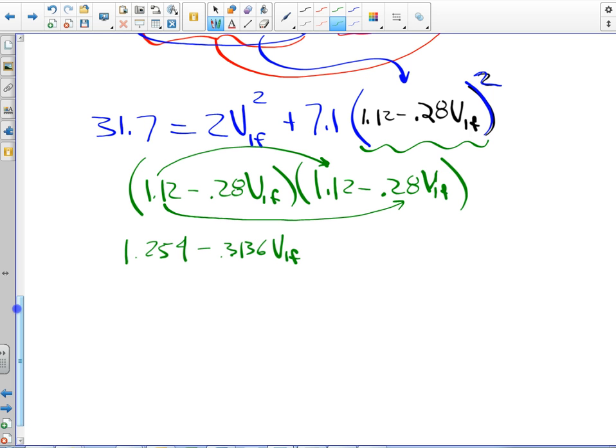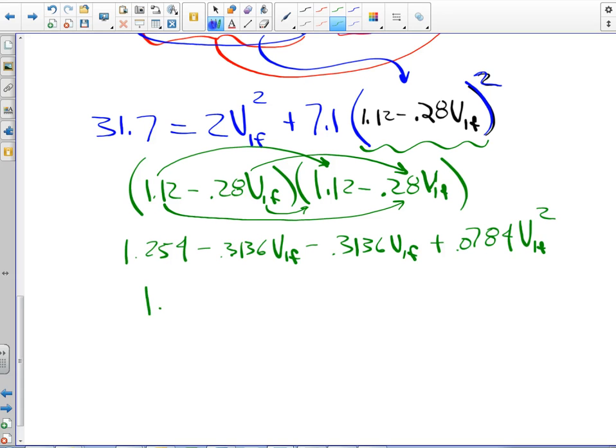You'll notice that when we do the insides, it's really the same thing. So another one of those, 0.3136 v1 final. And then lasts will be this times itself. So negative times negative will be positive. So 0.28 squared, so it's going to be plus 0.0784 v1 final squared.